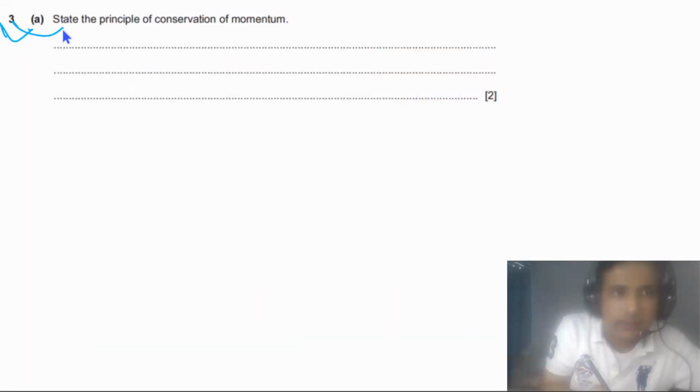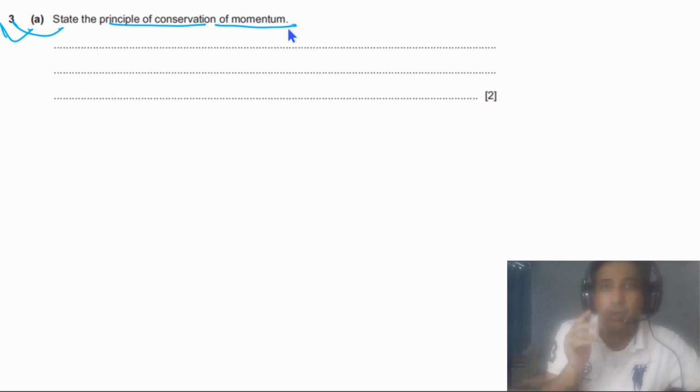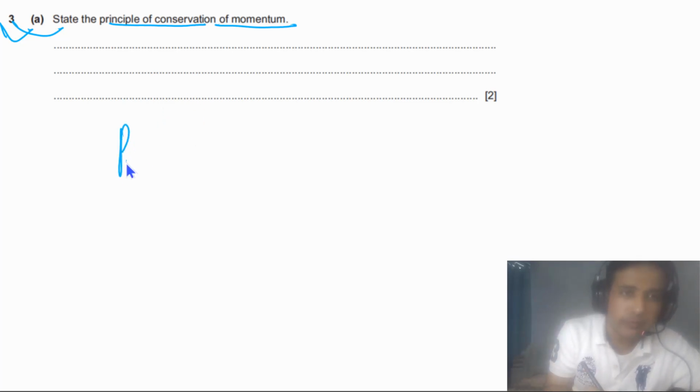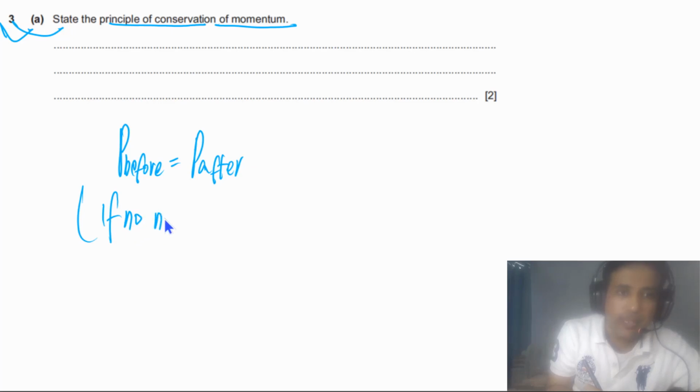Question 3, part A says, state the principle of conservation of momentum. According to the principle of conservation of momentum, momentum before any collision is equal to momentum after collision if no net external force is acting on the system.